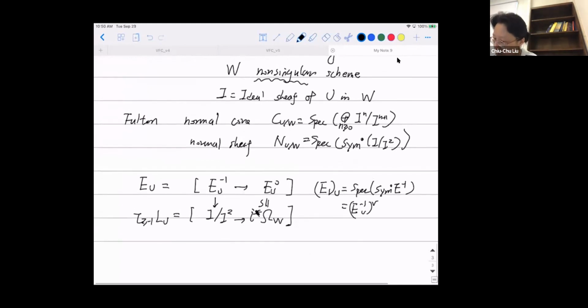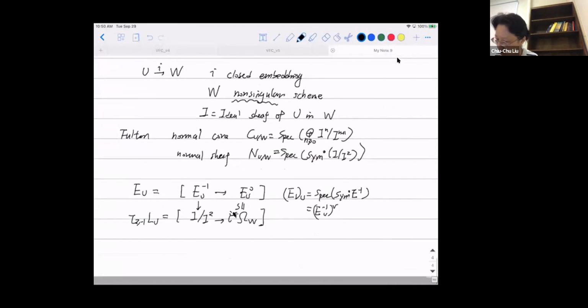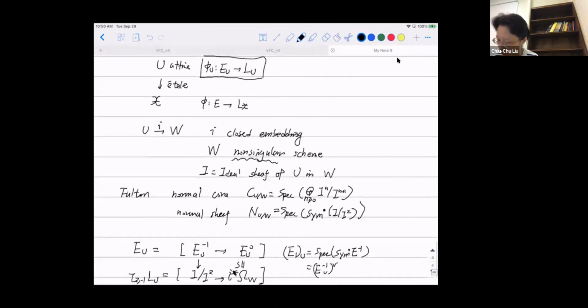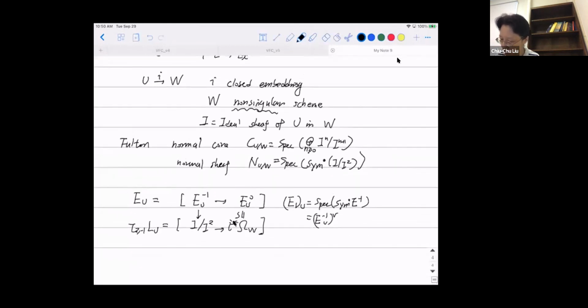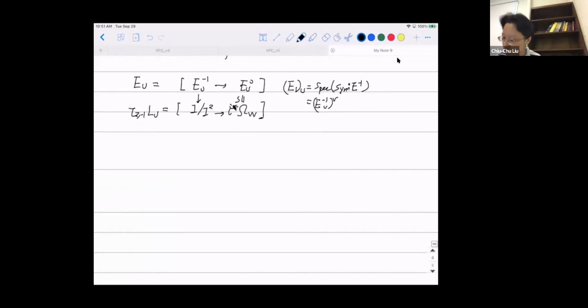So all the conditions of a perfect obstruction theory, this isomorphism or surjection, translate to the following closed embedding over U. This E_1U is just the dual of E_{-1}U in the perfect obstruction theory on U.